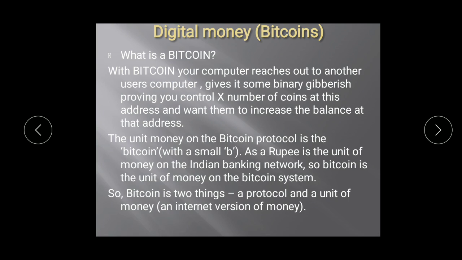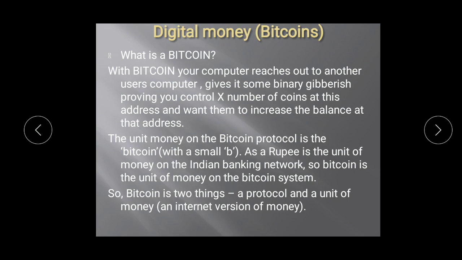After that, what comes is Bitcoin. We'll see how Bitcoin works on its own protocol. Bitcoin with a capital B is a protocol whose function is to send and receive payment information. With Bitcoin, your computer reaches to another user's computer and gives it some binary gibberish proving your control of X number of coins at this address, and wants them to increase the balance at the address.